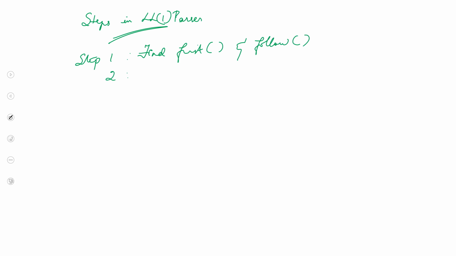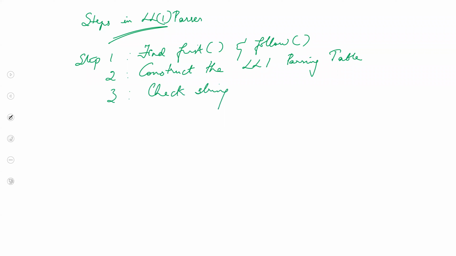Step number 2 is to construct the LL1 parsing table. Step number 3 is to check string validity. Now, how do you check string validity? You do it with the help of a few rules.